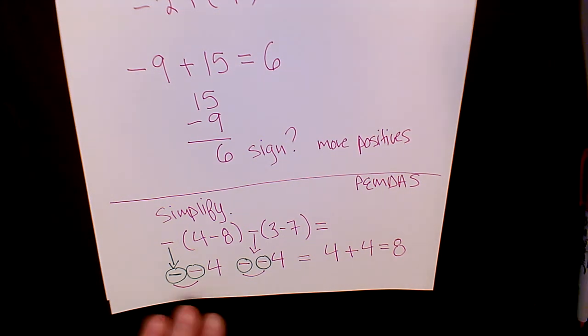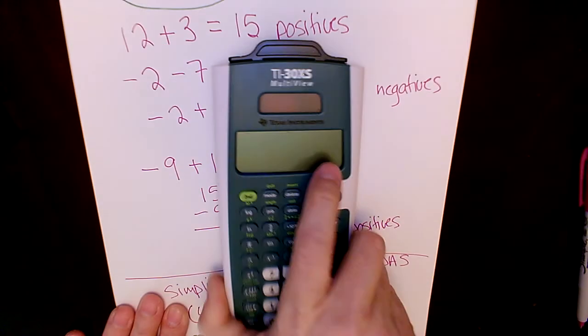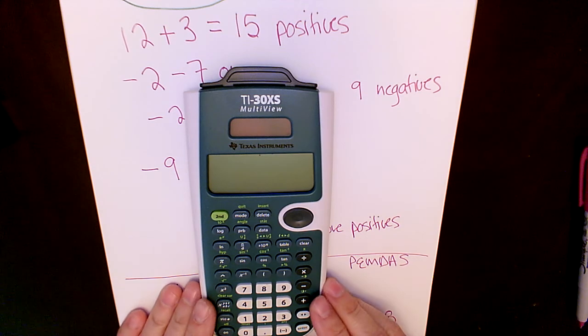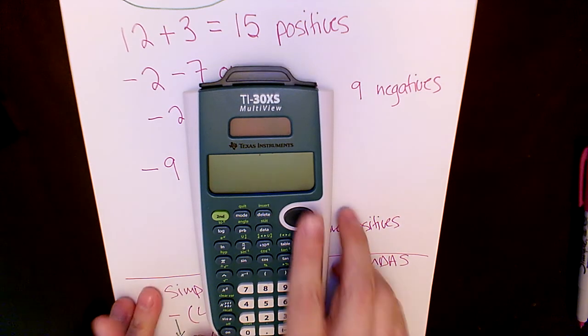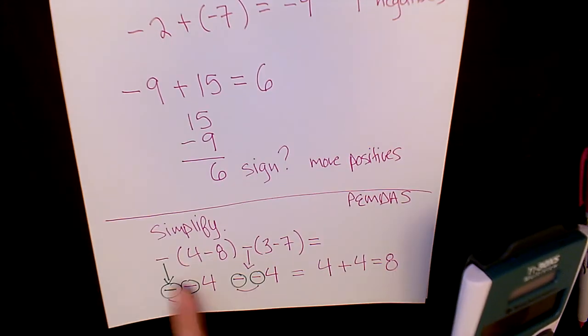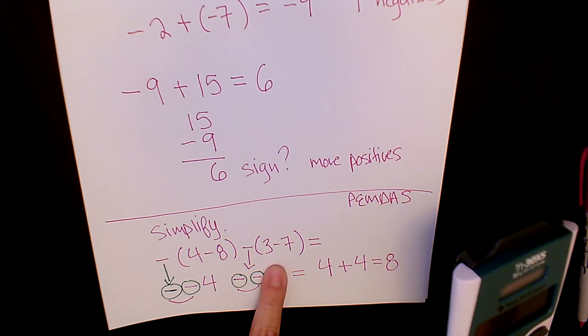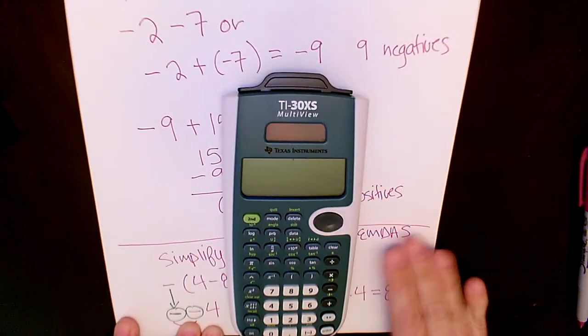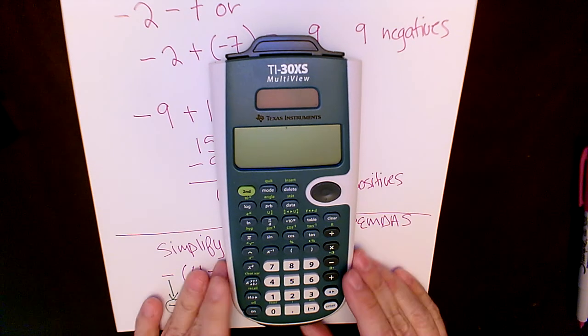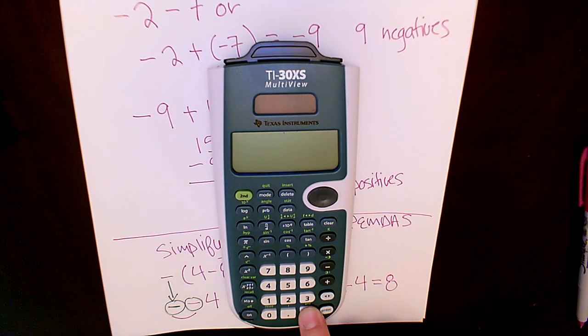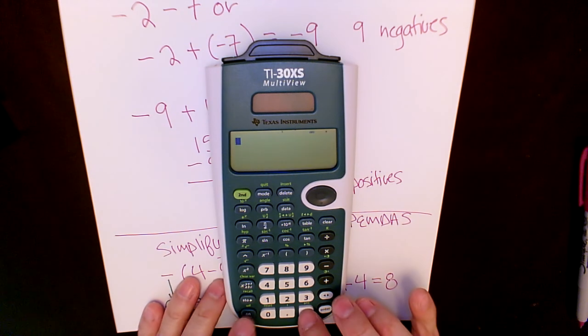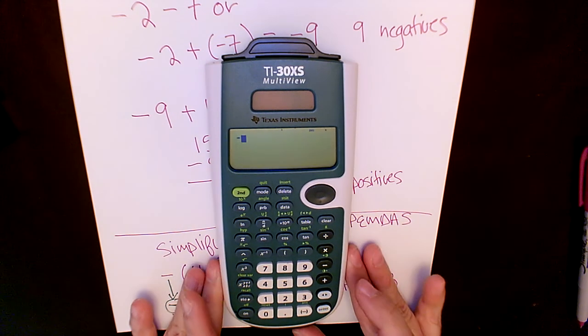Let me put that one in the calculator for you. Okay. So I'm just going to put it in as is, how it's written with the signs and with the parentheses. Okay. So I'm going to put a negative. Remember, the negative is next door to the enter.